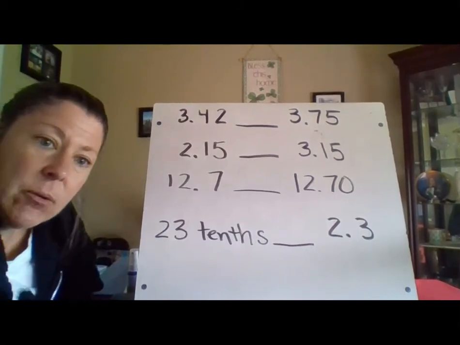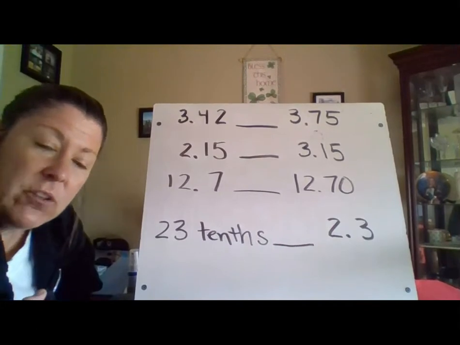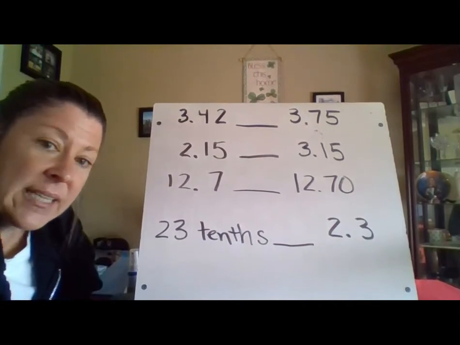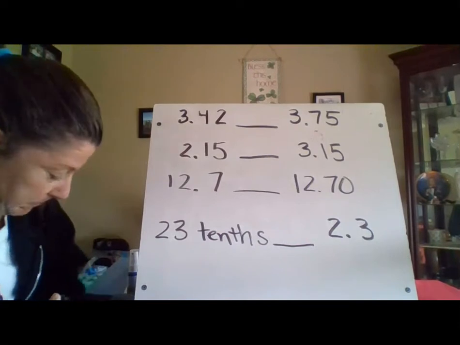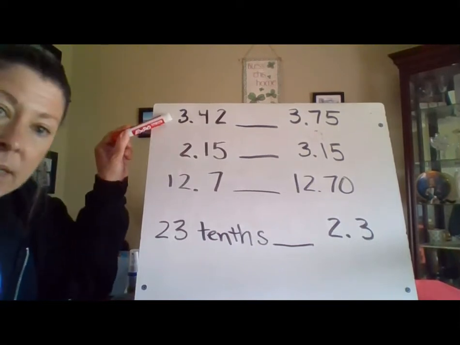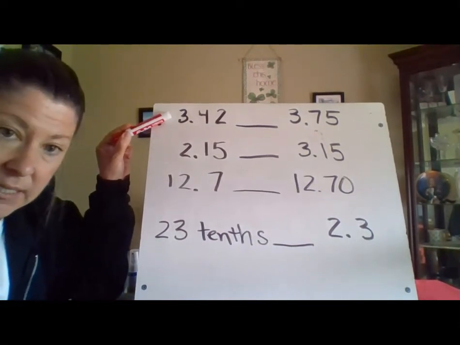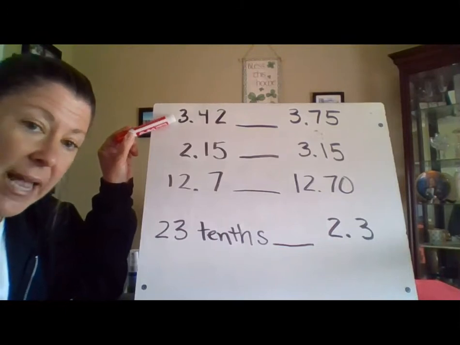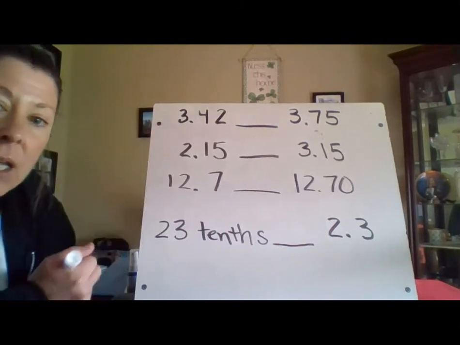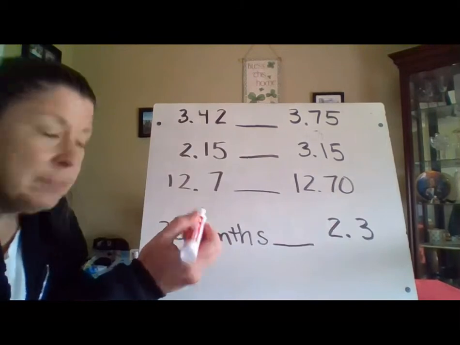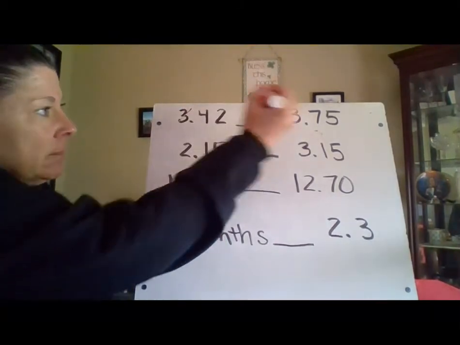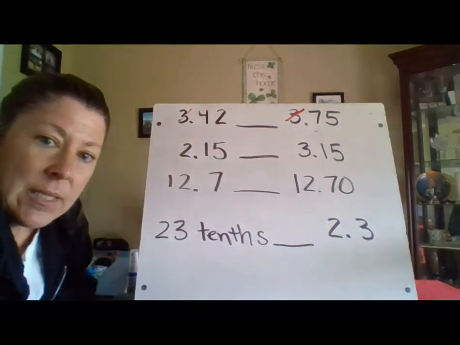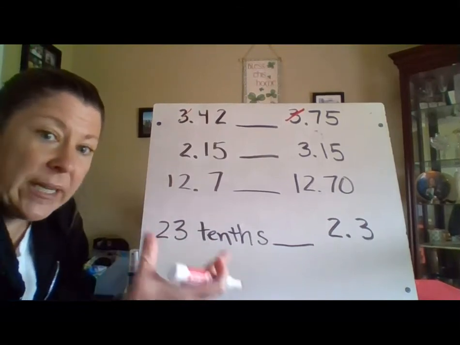Just like when we compare with fractions, the first thing that we look at is the whole number part. This is an example right from your problem set, letter A. The whole numbers are the same. They're both 3 wholes.